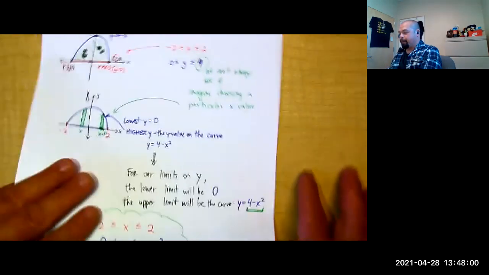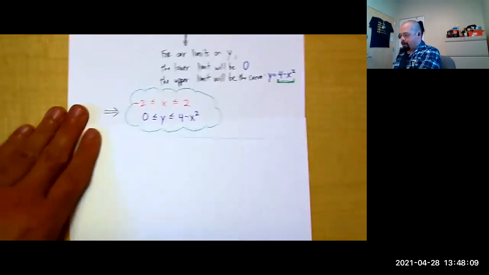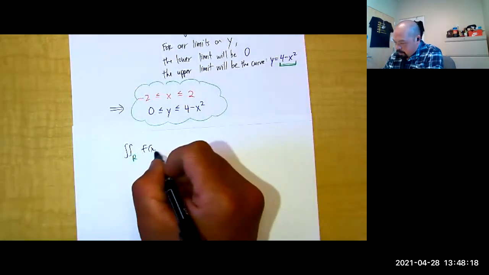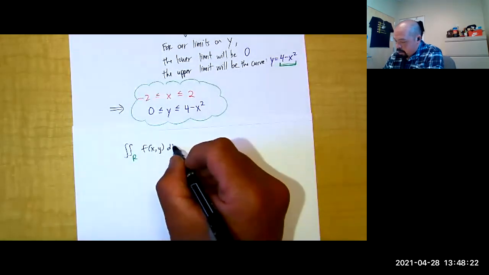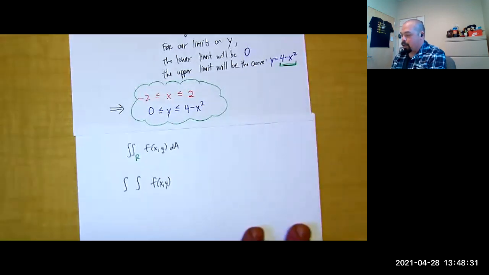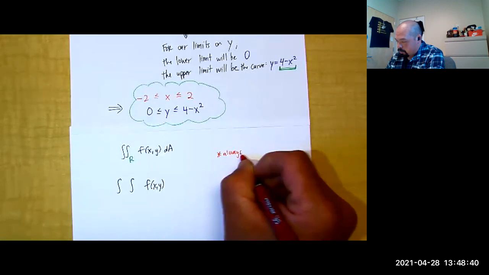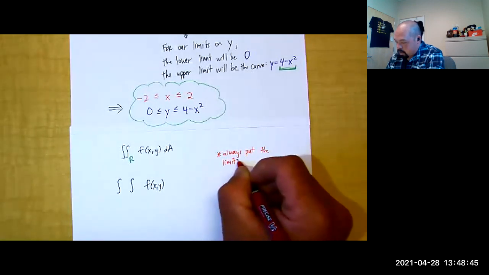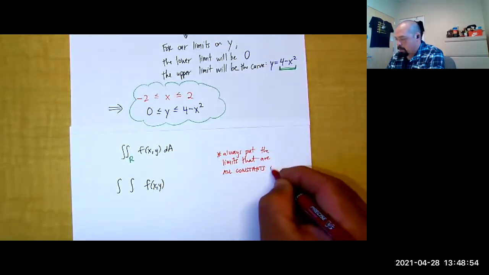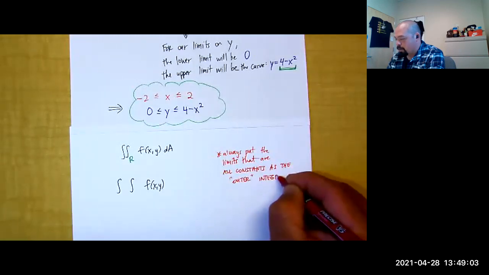So getting back to that problem, if we're going to integrate our function over that region R with dA, when we do our integration, I'm going to make this note: we're always going to put the limits that are all constants, just numbers, as the outer integral, the last integral that we evaluate.